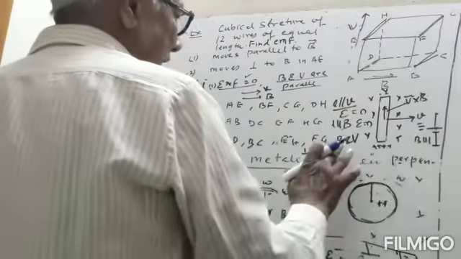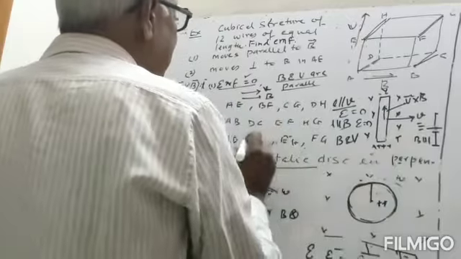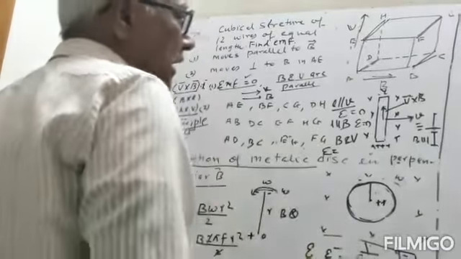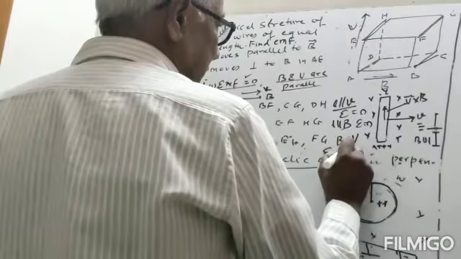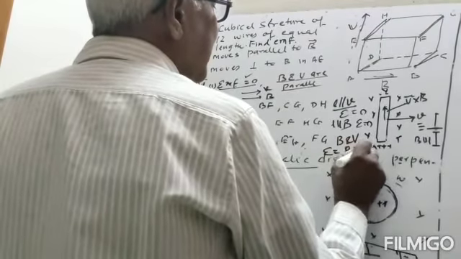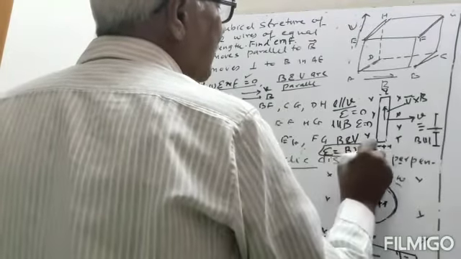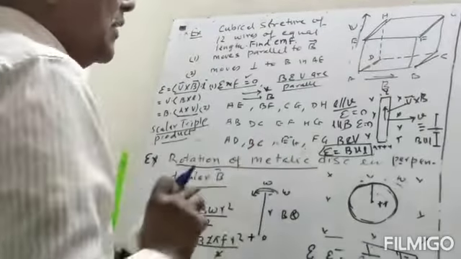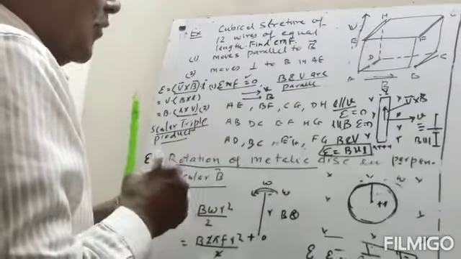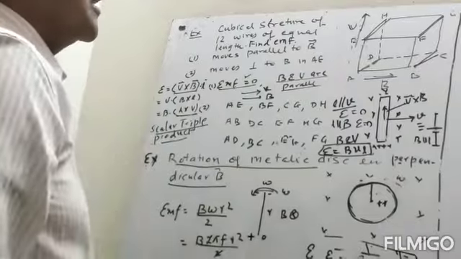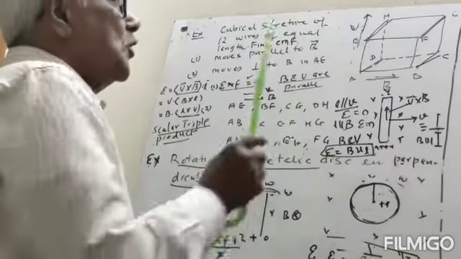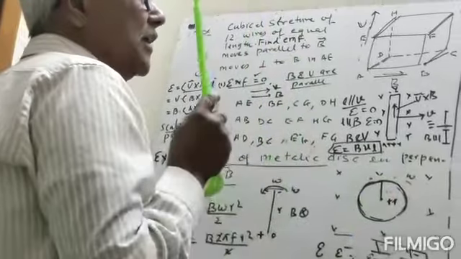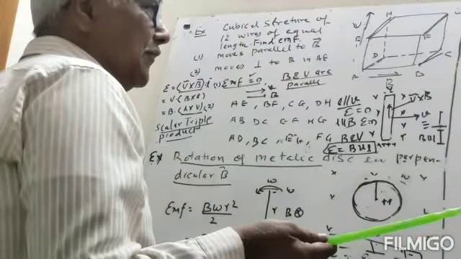EMF will be there. It will be equal to B into V into L, as we have calculated earlier. So the EMF will be produced only for the sides which are perpendicular to V and B both. If a side is parallel to B, then EMF will be 0.